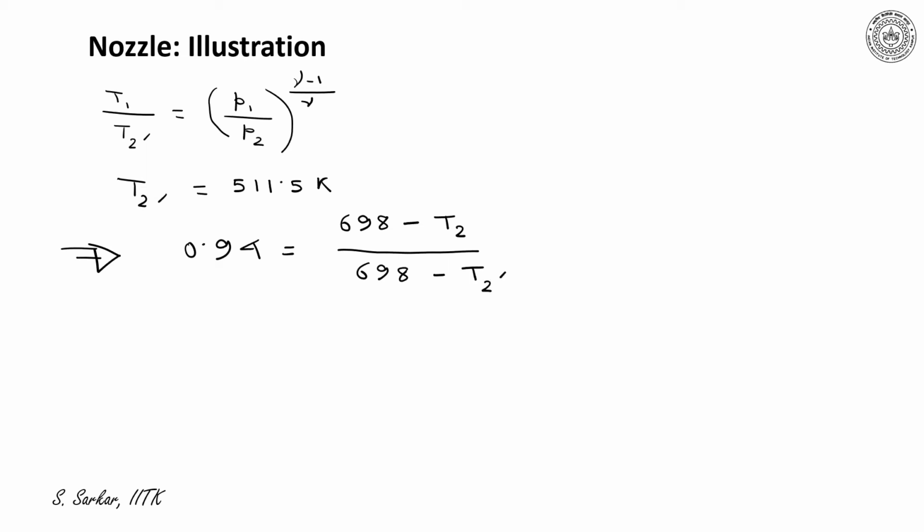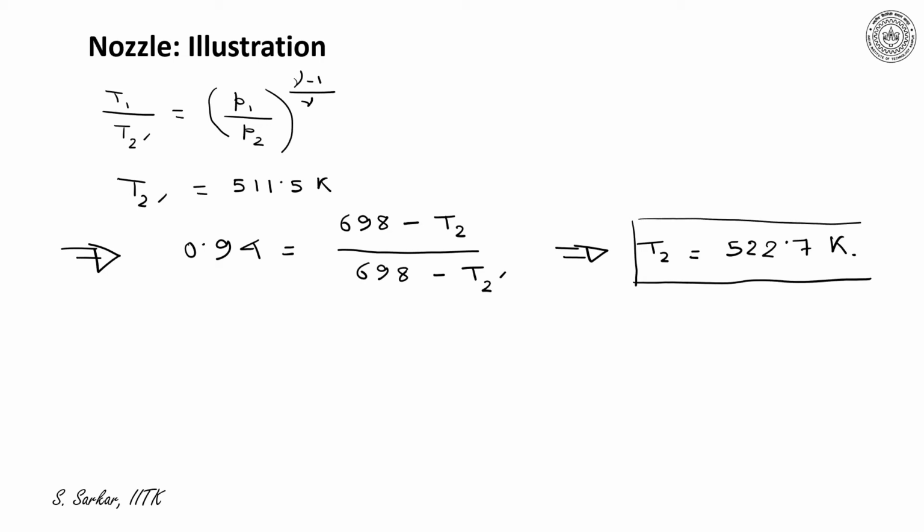Thus from here I can project T2. If you calculate T2, you will get T2 is equal to 522.7 Kelvin. So I have got the actual temperature of the gas at exit.